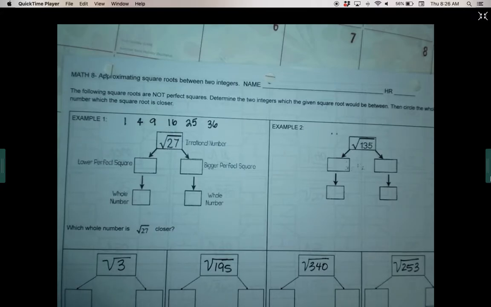So that means 27 is not a perfect square. If I had 27 Cheez-Its, I could not make a square out of 27. I could make a rectangle, but I could not make a square.